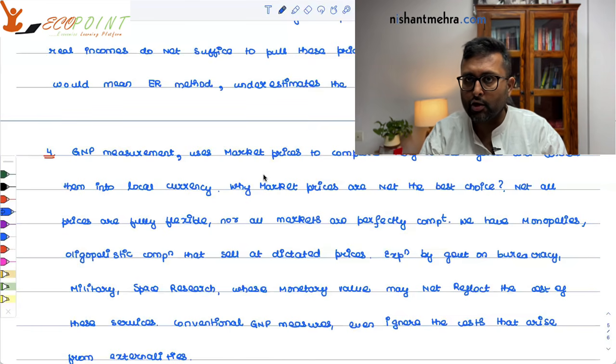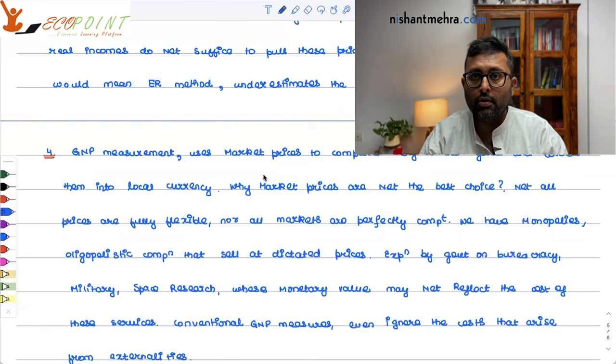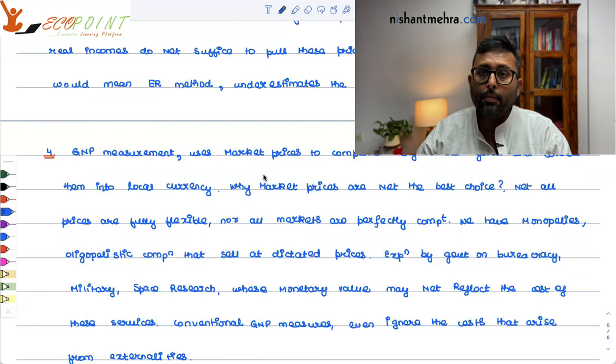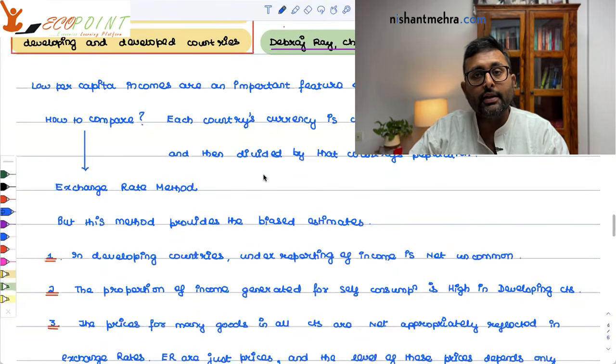There is going to be economic development, but who is going to bear the cost of relocating the people who were living earlier in that location of the dam? So those things are being ignored. So the point is that there are problems in measurement. You can't just compare GNP. You can't just compare using the exchange rate method. So these are the issues while you're comparing the incomes between the developing countries and the developed countries.